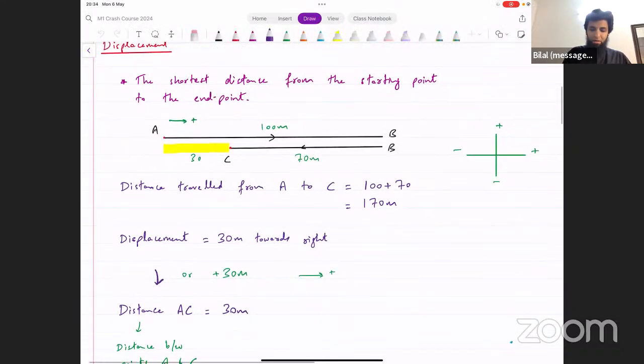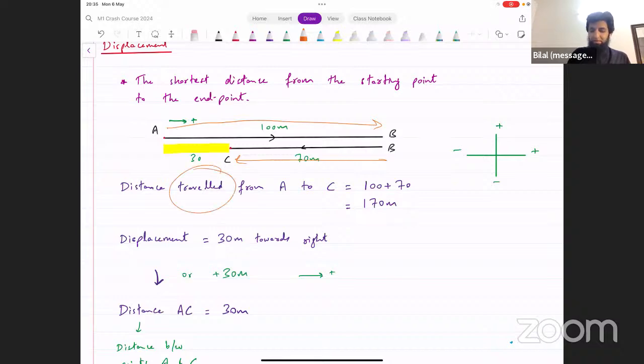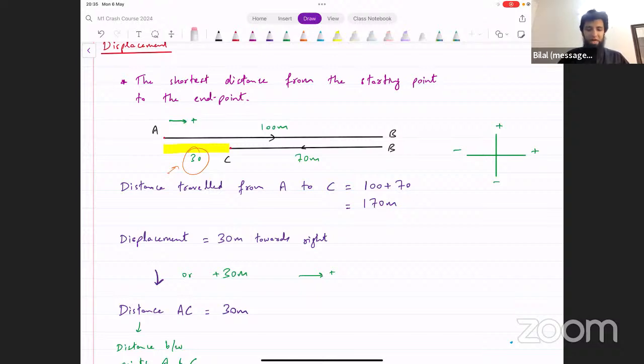If we have a particle traveling from A to point B and then from B to point C, and you're asked about distance traveled, that is 170 meters: 100 meters here and 70 meters here. If you're asking for displacement, that will be this 30 meters. So distance traveled and displacement are easy to understand.